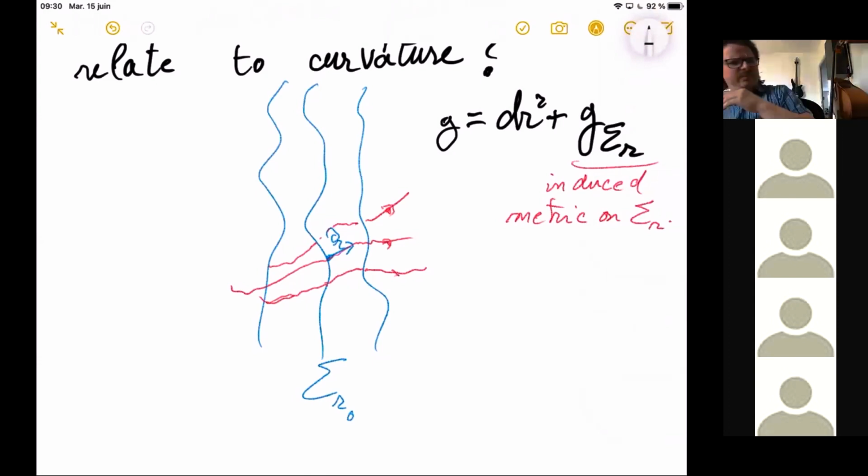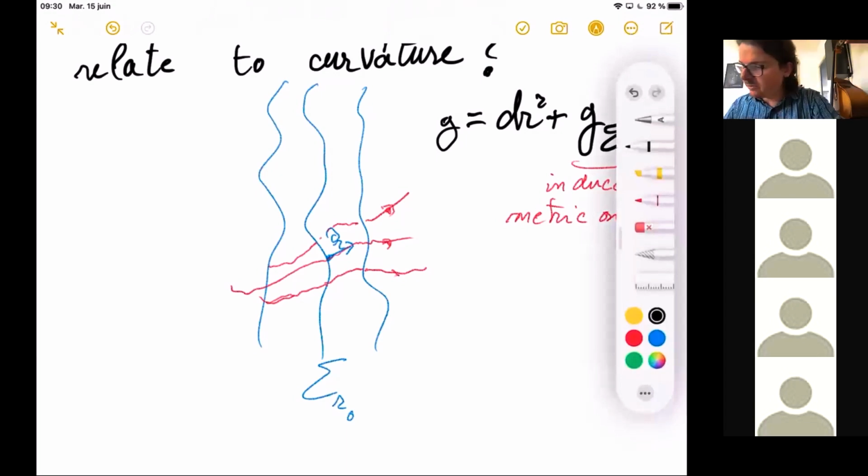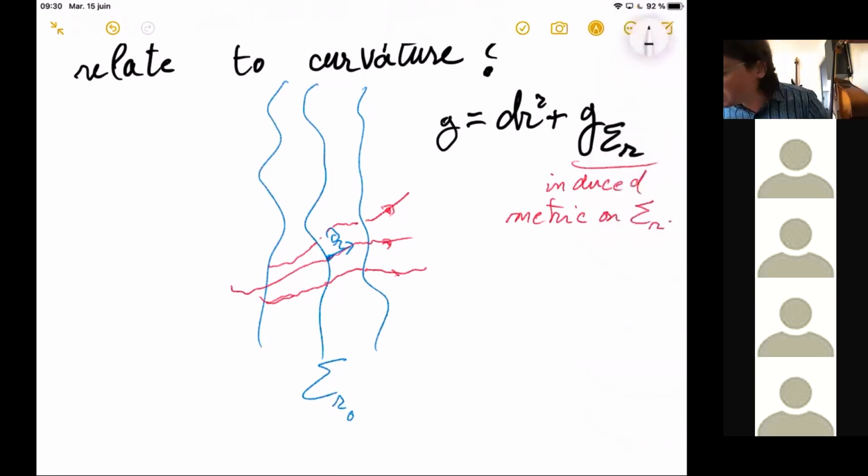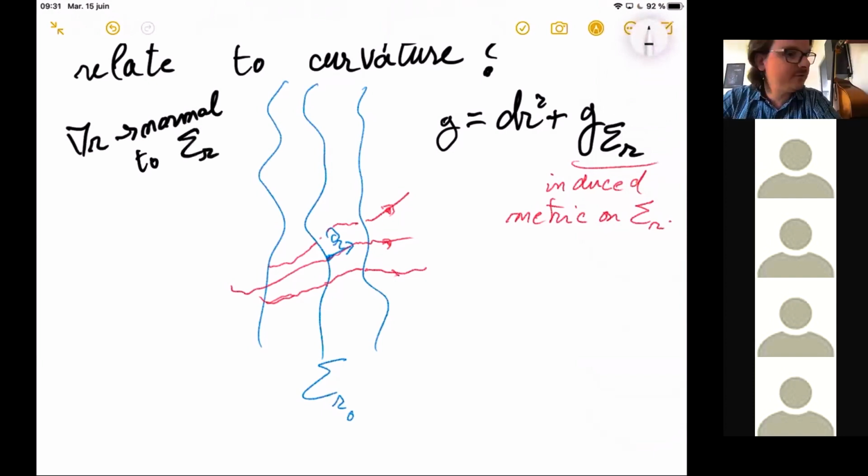Okay, so now let's try to link that to other things which are built from the distance function. So we know that nabla r is the normal to the hypersurfaces sigma r. And what is the Hessian of r?